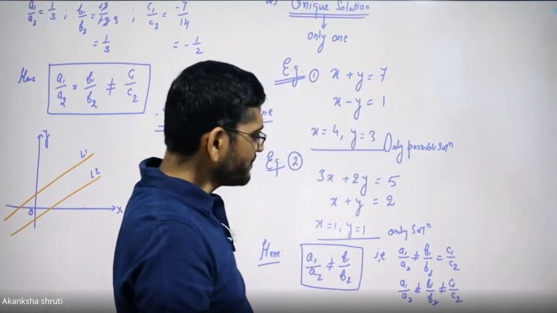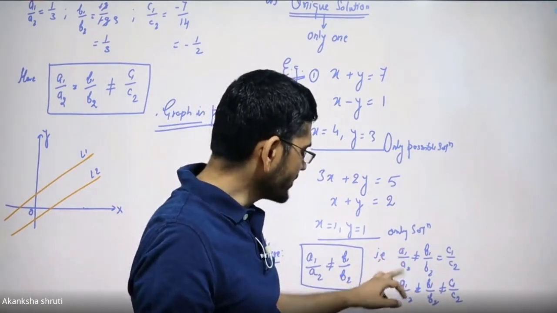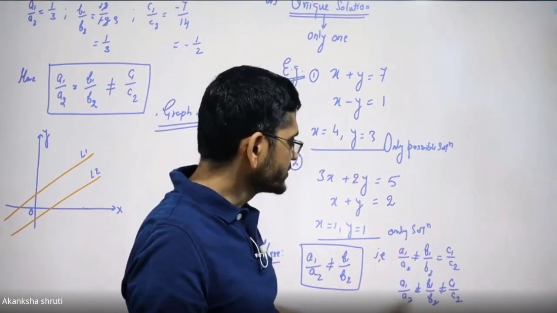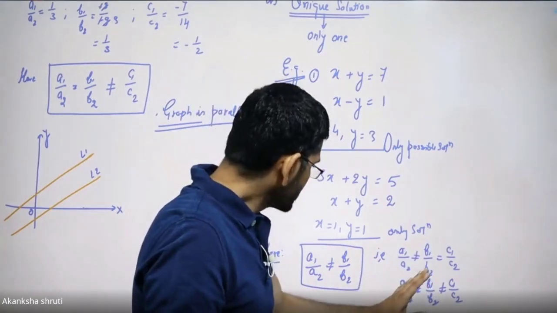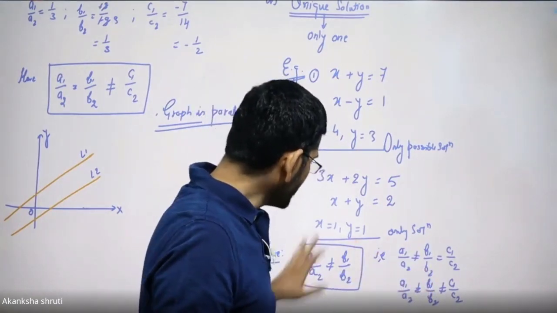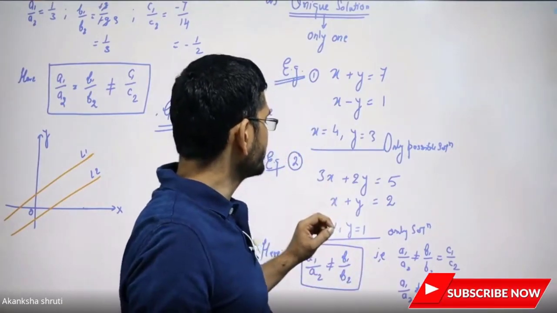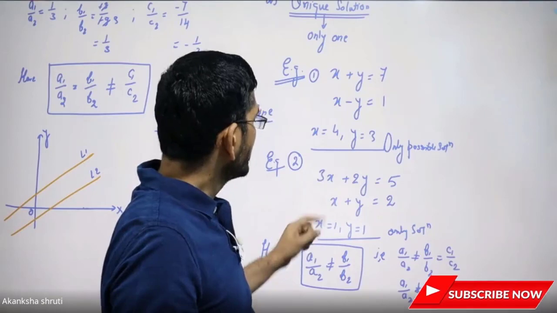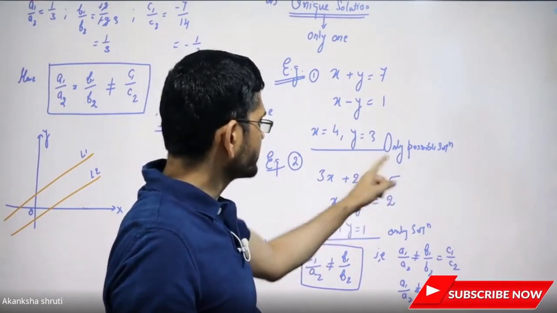Or it may be possible that c1 by c2 is equal to a1 by a2, which is not equal to b1 by b2. Therefore, for checking the unique solution, you have to check only the ratio of the coefficients of variables. Leave the ratio of constant terms.